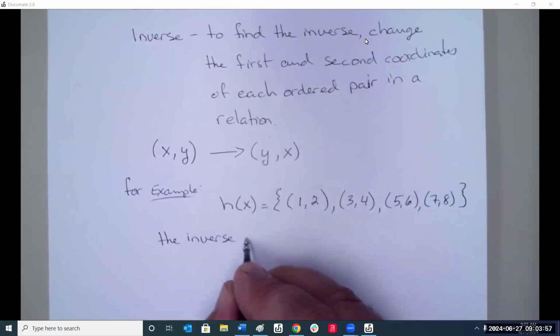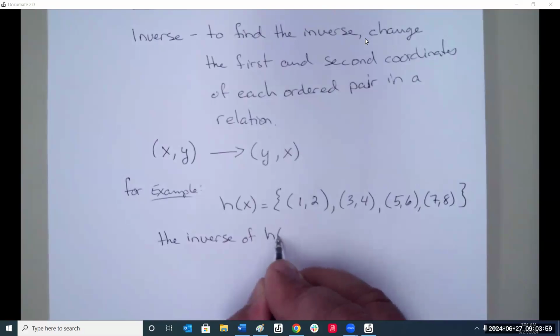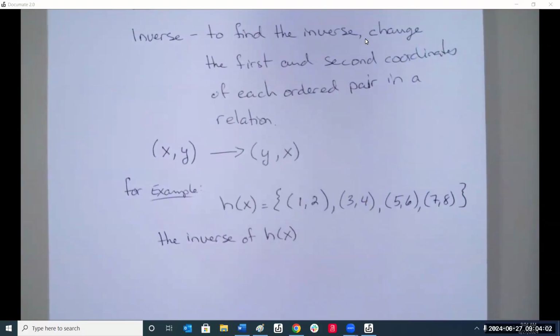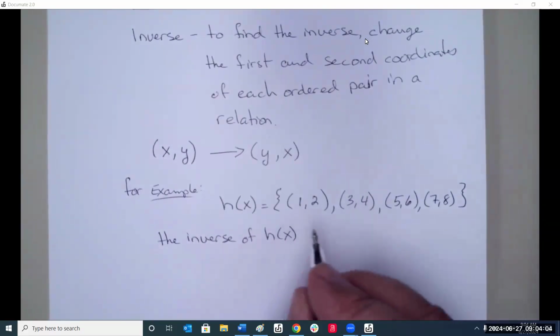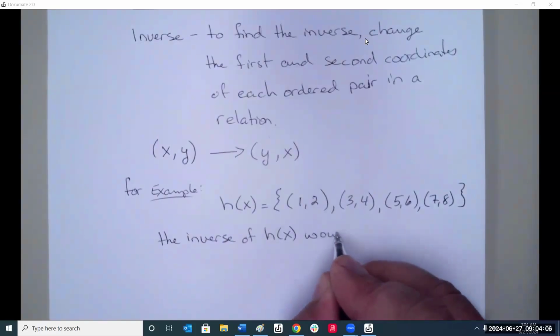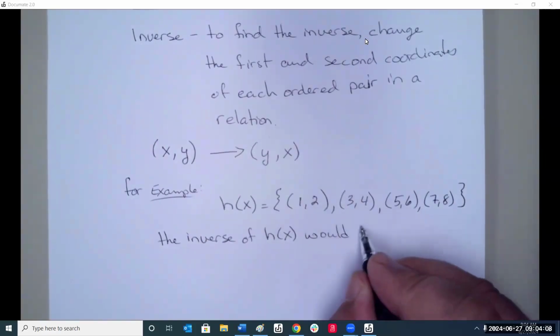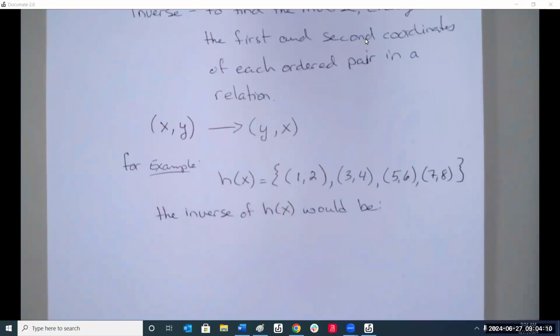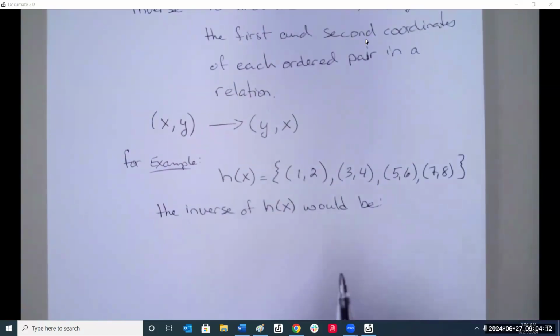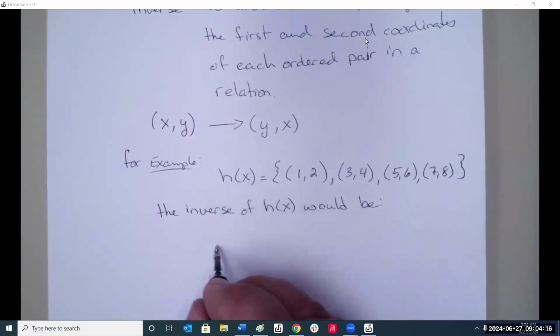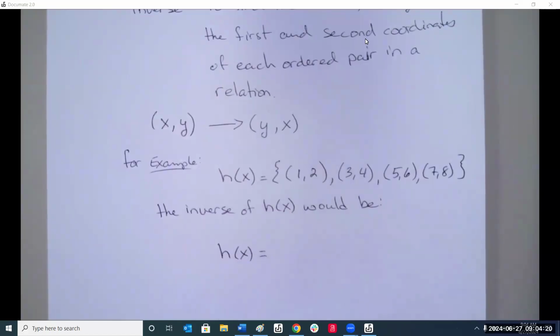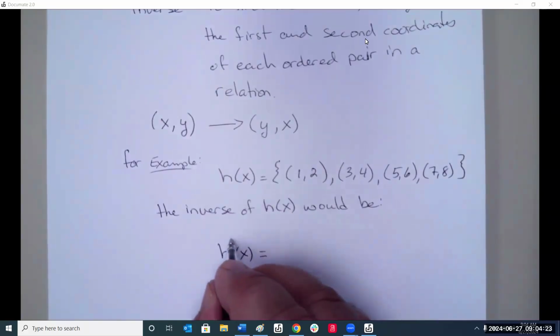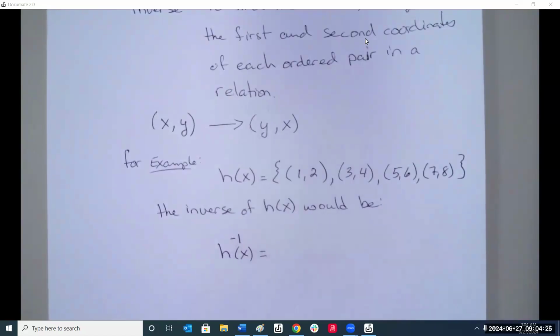The inverse of h of x would be this. First, how do we distinguish whether it's a regular function or an inverse function? We use that notation, a -1 exponent.